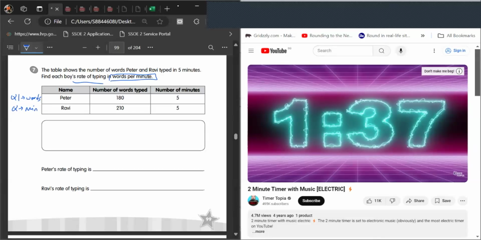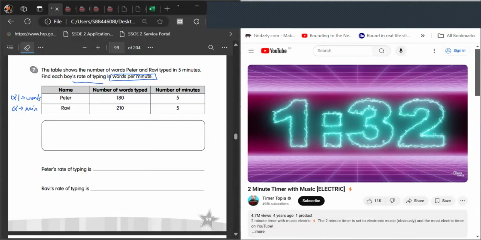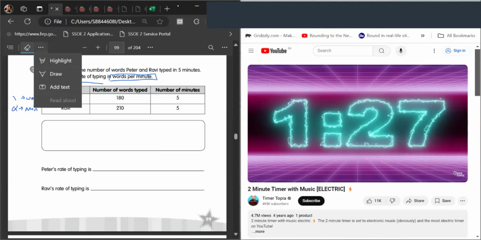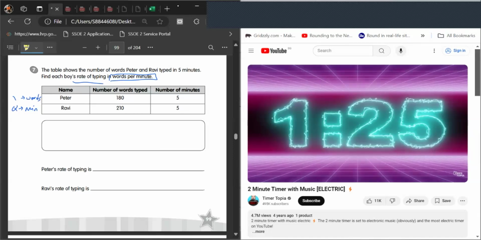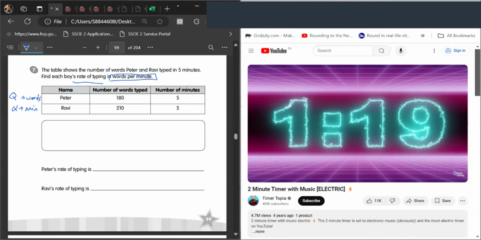So the rate of typing, the first quantity is number of words, the second quantity is minutes.